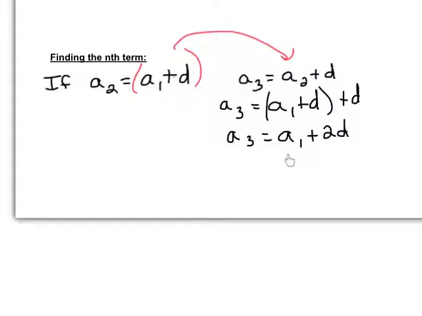I can always start with the first term, and then to that first term I add a multiple of the common difference to get to the term I want. So the pattern here, if I want the third term, this number is going to be 2. If I want the fourth term, that number is going to be 3, and so on. So the formula is a sub n, the nth term, is going to be the first term plus n minus 1 times the common difference.